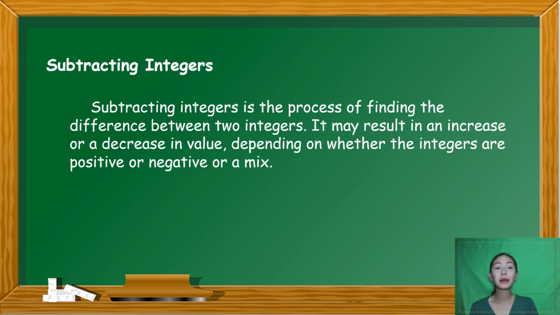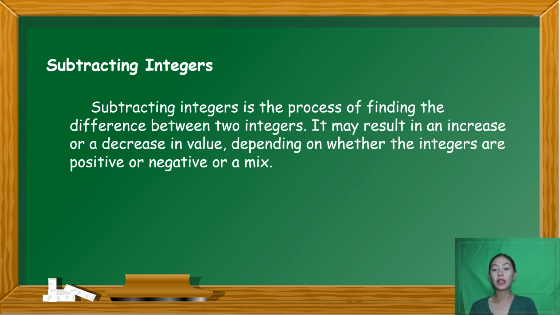Okay, now, how are we going to subtract integers? Subtracting integers is the process of finding the difference between two integers, as we have learned since elementary days. It may result in an increase or a decrease in value, depending on whether the integers are positive or negative or a mix.